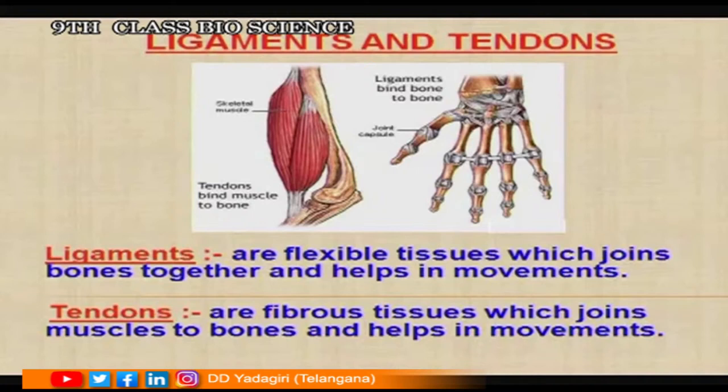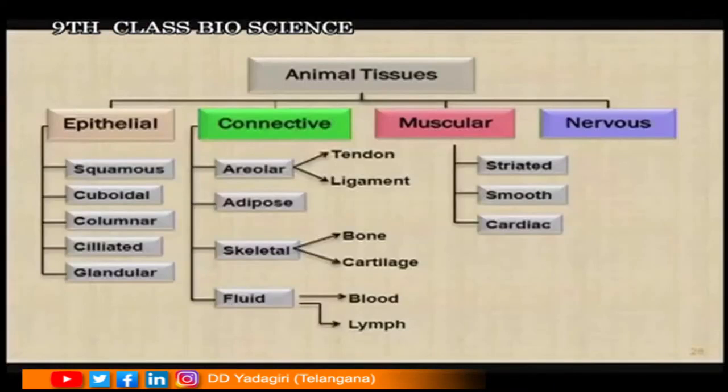Dear students, now we will summarize what we have learned today. The animal tissues are basically divided into 4 types: epithelial tissue, connective tissue, muscular tissue and nervous tissue. Epithelial tissue is further divided into squamous, cuboidal, columnar, ciliated and glandular epithelial tissue. Connective tissue is further divided into areolar tissue, adipose tissue, skeletal tissue and fluid connective tissue.